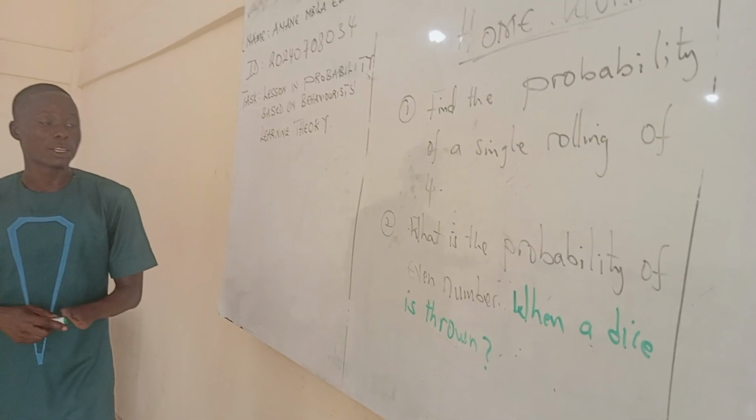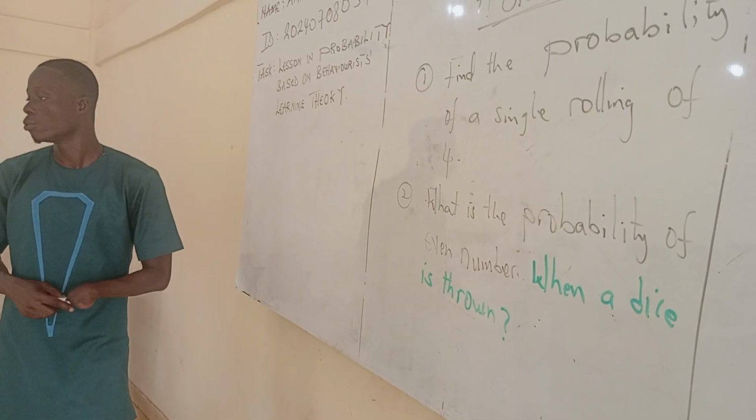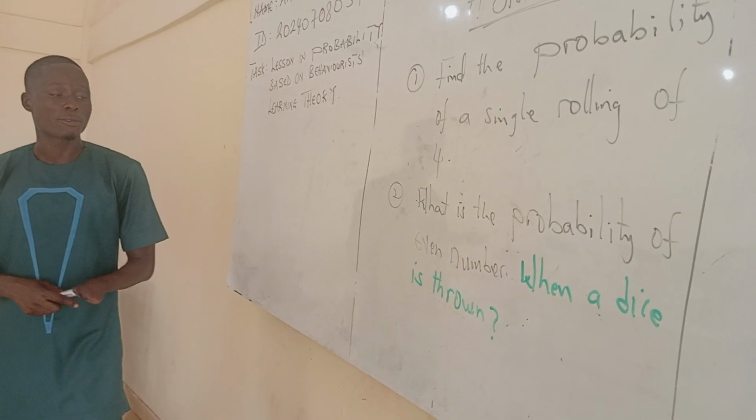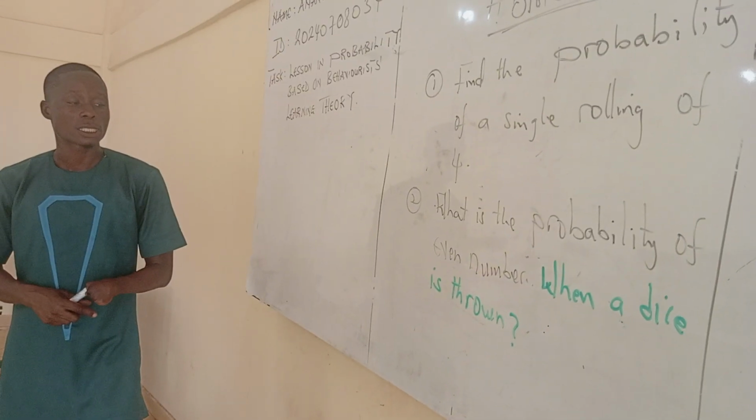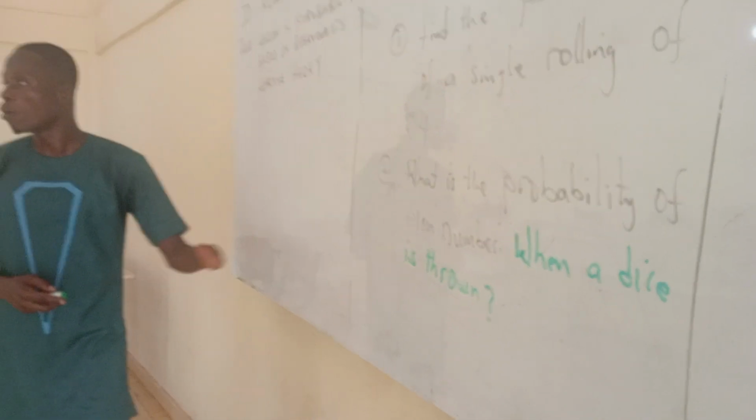And what is the probability of even numbers when a die is thrown? So this is your homework.